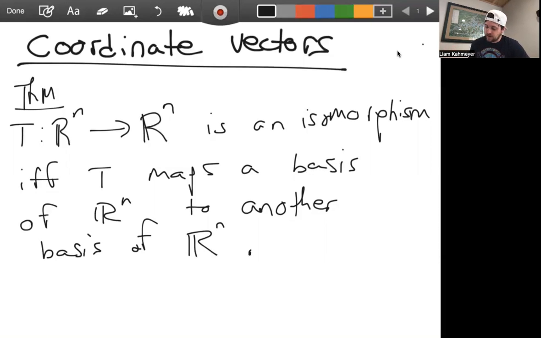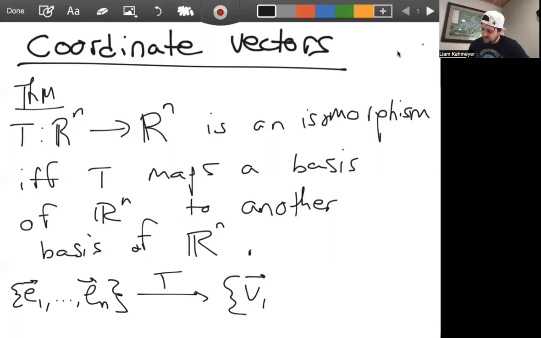Now we want to ask, let's say we have some basis for Rn, like maybe the standard basis E1 through En, and under the map T there's some arbitrary basis V1 through Vn.